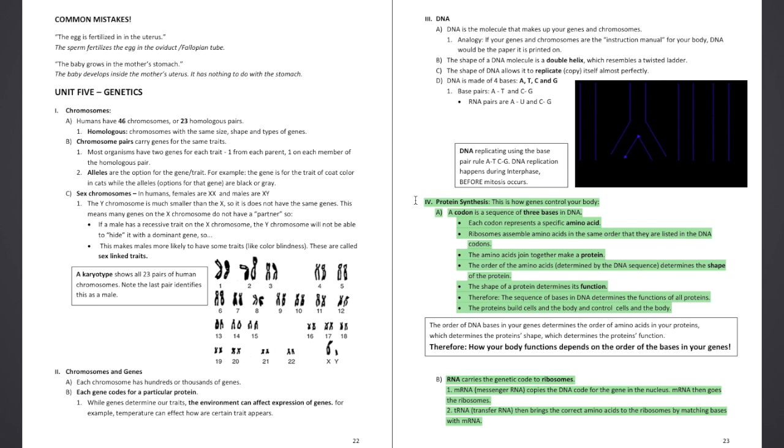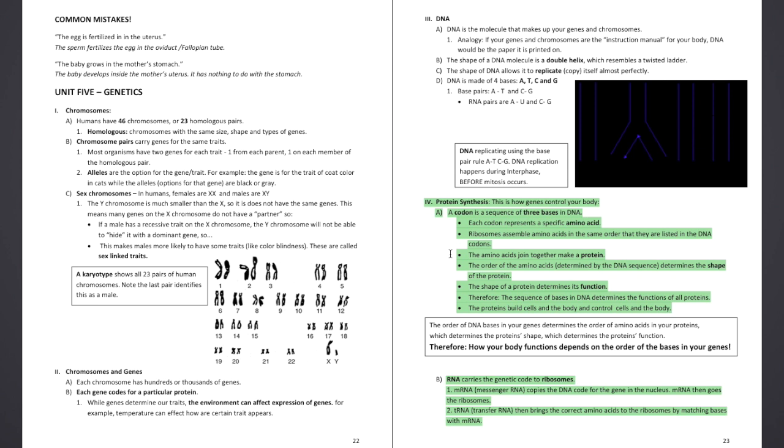4. Protein synthesis. This is how genes control your body. A. A codon is a sequence of 3 bases in DNA. Each codon represents a specific amino acid. Ribosomes assemble amino acids in the same order that they are listed in the DNA codons.